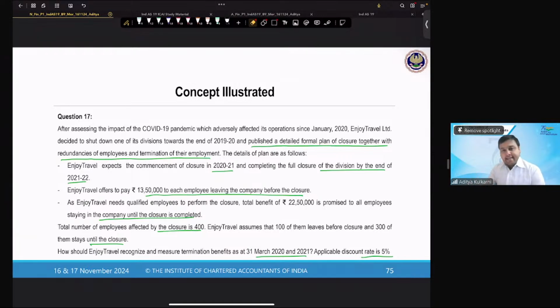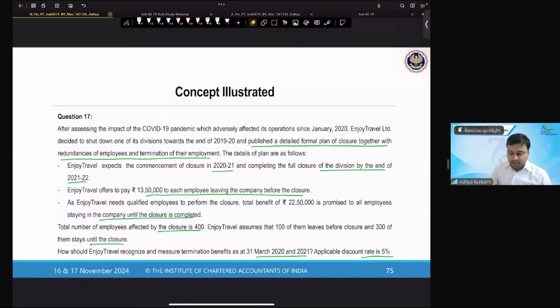There are two categories of employees in this question. One is employees who are staying till the end of the closure. And the other is employees leaving the company before the closure. Could you make out that difference? Yes, sir. So therefore, what is the company doing?